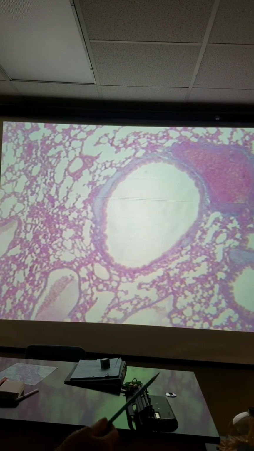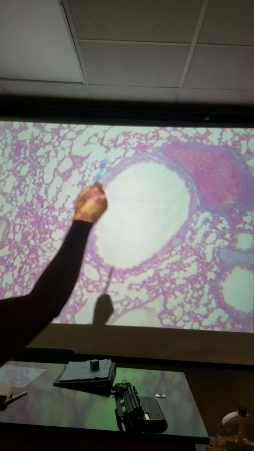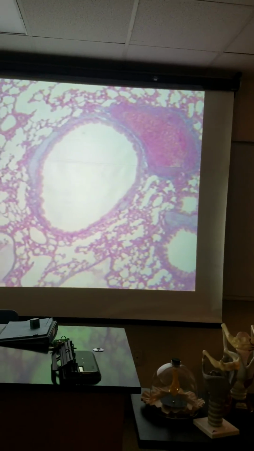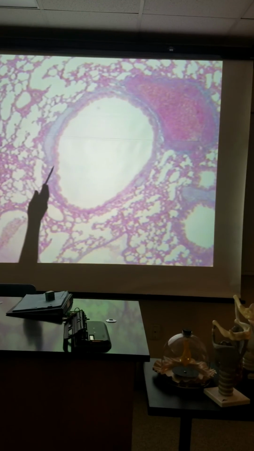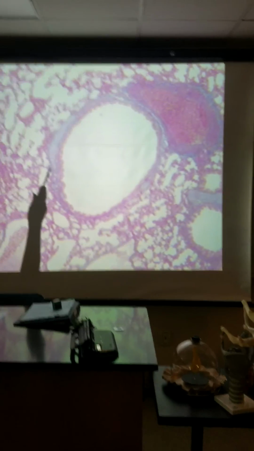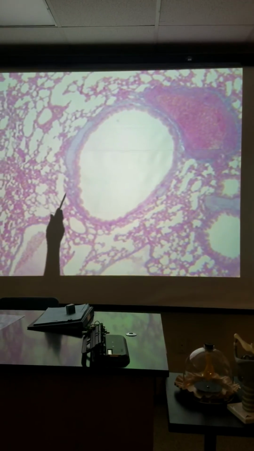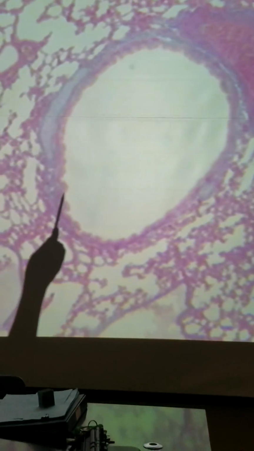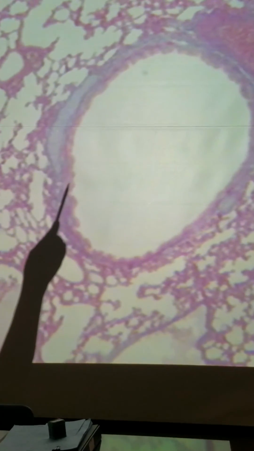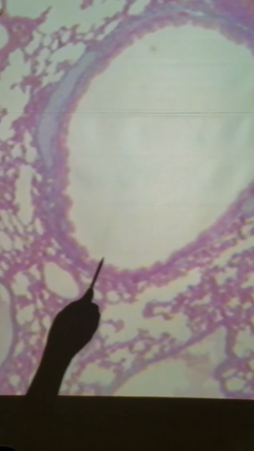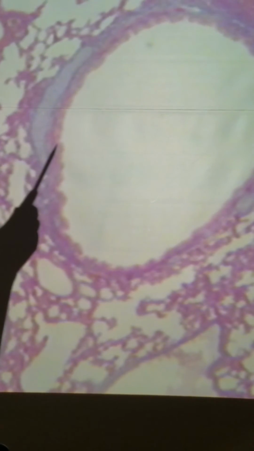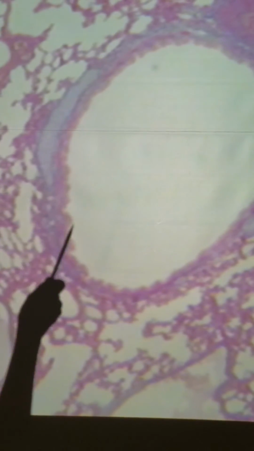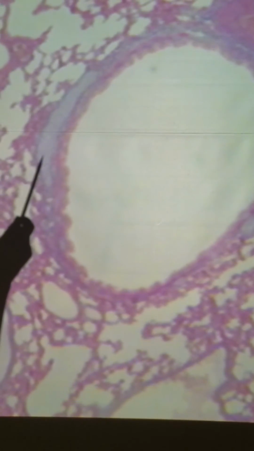All right. Histologically, this is going to be a bronchi. Now, a bronchi is almost identical to the trachea. It has a mucosa, thin submucosa, hyaline cartilage, and then very little connective tissue on the outside. So the mucosa has pseudostratified ciliated columnar epithelial tissue, then a little bit of submucosa here with areolar connective tissue, and a little bit of cuboidal because you have to have this mucus line. And then we have hyaline cartilage.